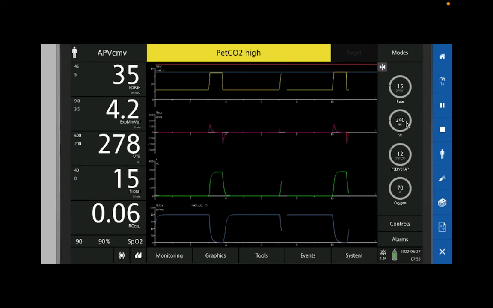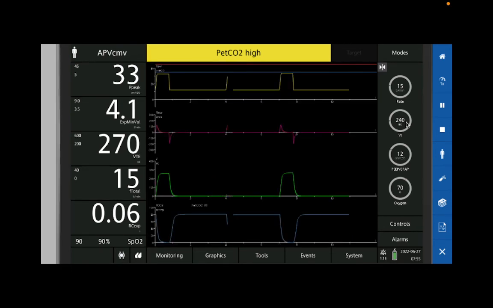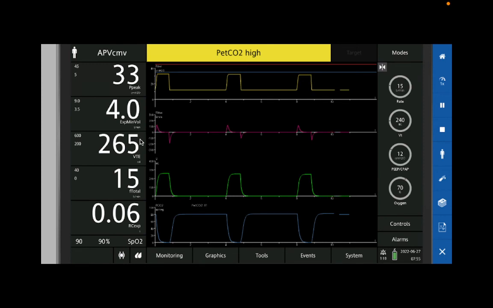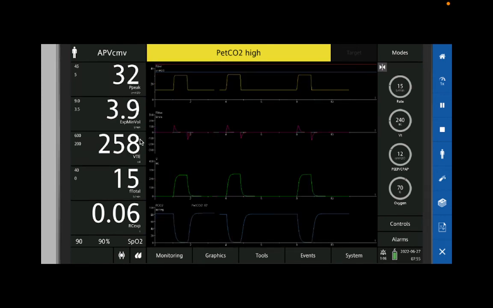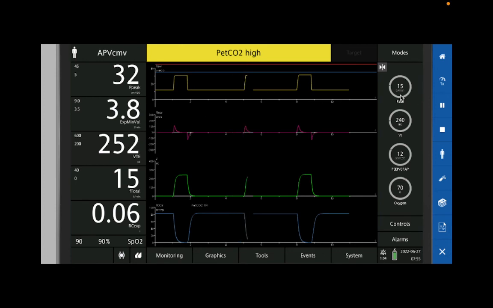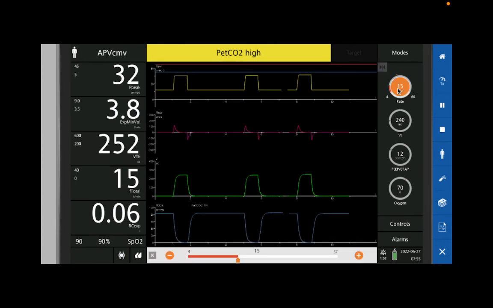Because if you're guessing 60 and someone else is guessing 70, that end starts to become a bigger percentage of their volume. Does that make sense? Right? And our pressure came down. As we reduce the volume, what do we have to do as well? Increase the rate. So we're going to hypothetically increase this from 24 to 30, okay? Ignore the fact that I made it 15 because the machine was doing funny things.